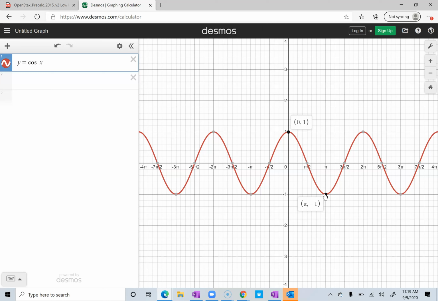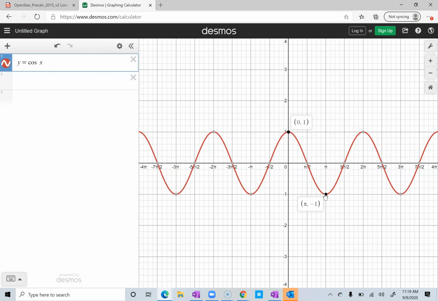From this section of the graph, any place you draw a vertical line, it's only going to hit that once. Any place you draw a horizontal line, it's only going to hit that once. Why is that important? Well, we're trying to find the inverse function. We want to take the y's and map back to the x's. If we came out here, well, this particular y value would map to 2 different x values.